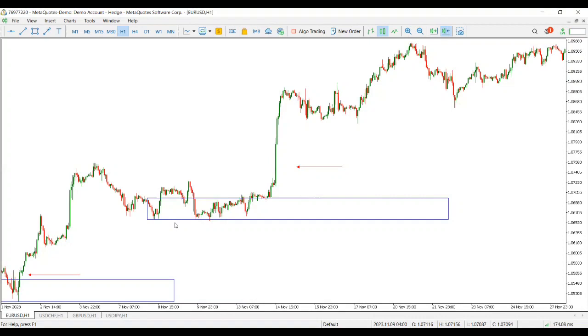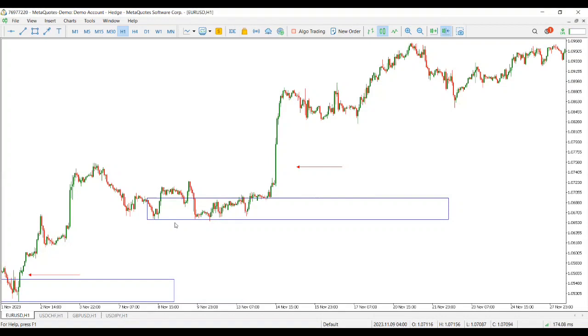Though there are other factors, I'm just telling you one. This is the first factor that you should consider. I'll tell you the other two, but this is very, very important. Now the second thing we should consider is to make sure the big body candle is in the same direction with the market's major trend.